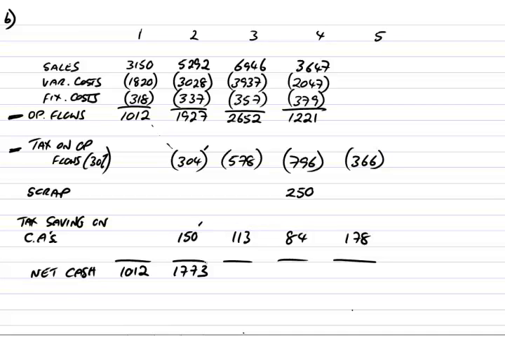The third year 2187, and the fourth year 759, and finally at time 5, 188 negative.